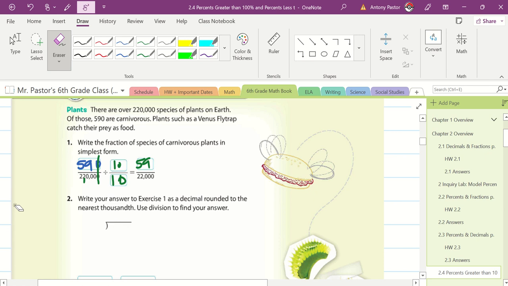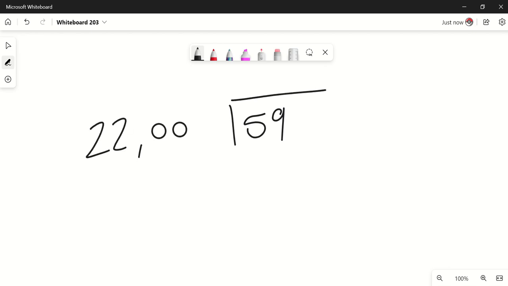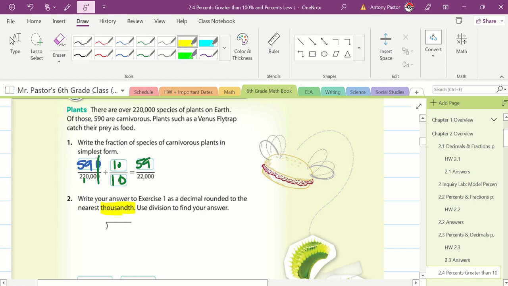Now, remember, write your answer to exercise 1 as a decimal rounded to the nearest thousandth. Use division to find your answer. It's very important that we read the directions, and we're going to round it to the nearest thousandth. There's a very specific reason why. So, 59 divided by 22,000. 59 and 22,000 cannot be simplified anymore because 59 is a prime number and 22,000 is not a multiple of 59.